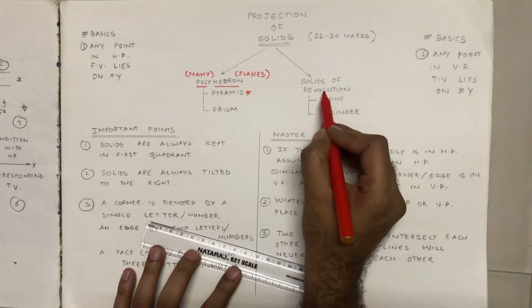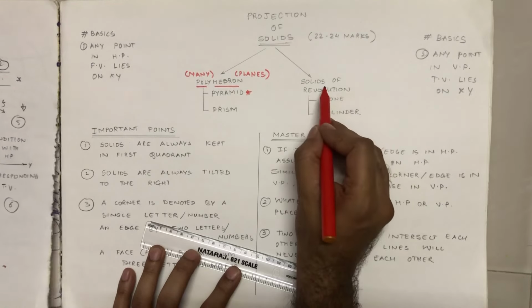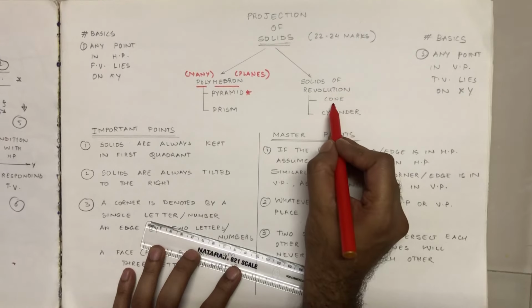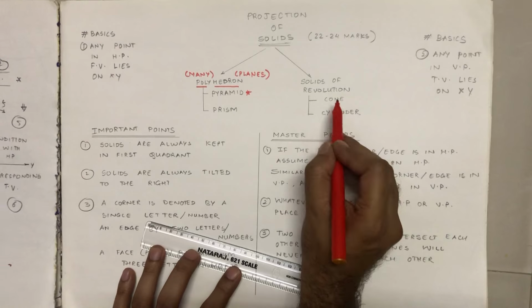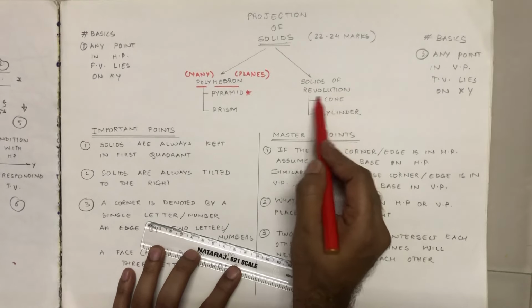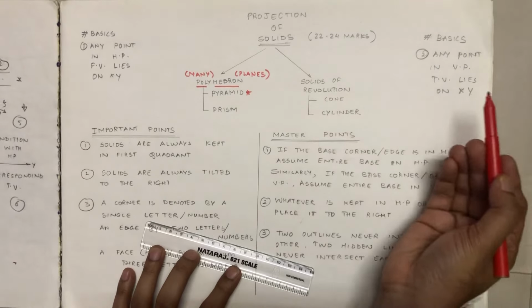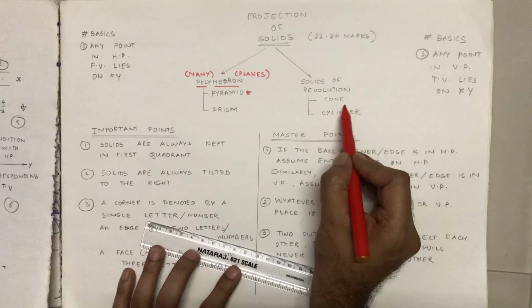Now, we have the other category called solids of revolution. Under this category, we have 2 solids again, cone and cylinder. Why are they called solids of revolution? The reason is very simple. Let us see how a cone is formed.